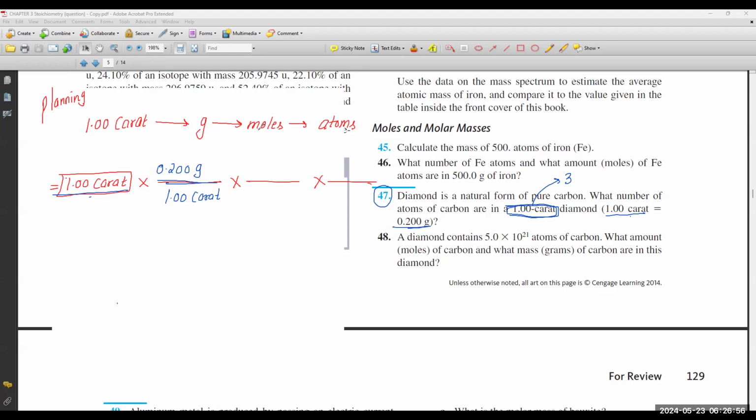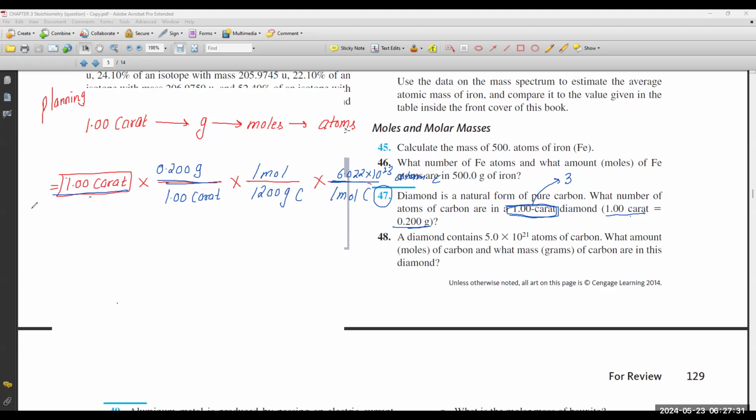What is the next ratio? Grams to moles. That 1 mole of carbon is 12.00 grams of carbon. Yes, very good. What is the next ratio? That Avogadro's number, 6.022 times 10 raised to power 23 atoms of carbon over 1 mole of carbon.